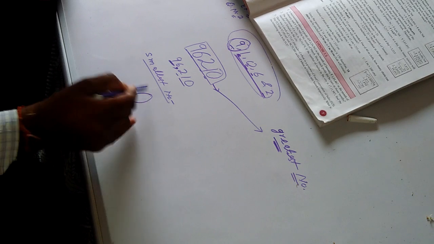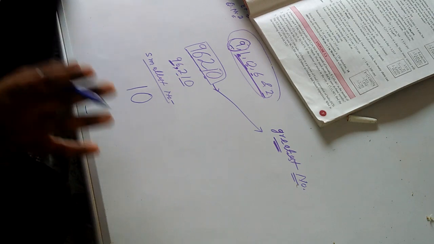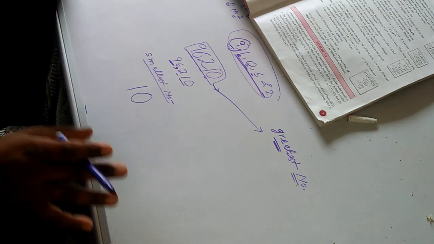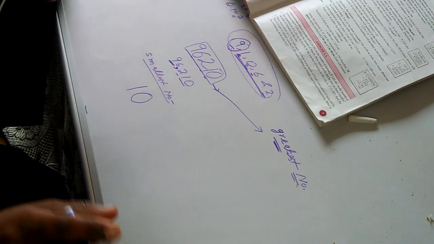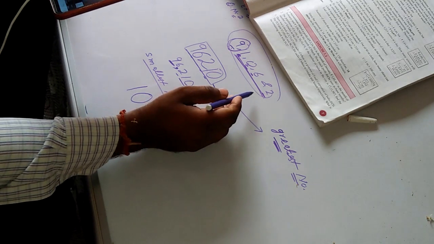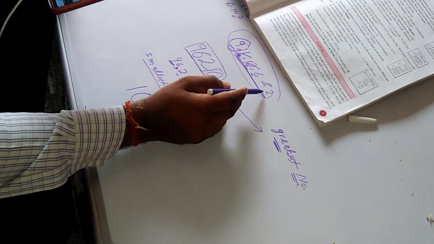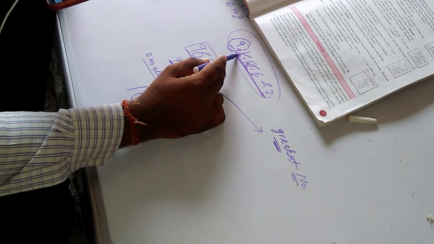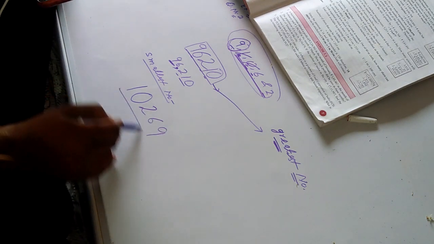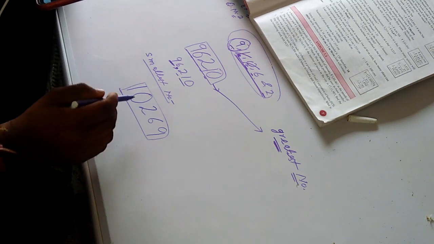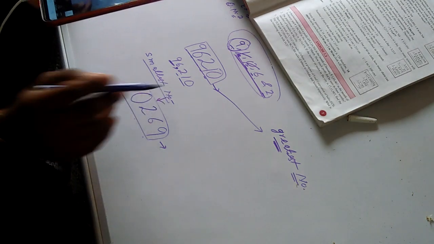Thereafter, whatever digits remain, we put in ascending order. 1 is done, 0 you have put. Now what remains? 2, 6, 9. So we put 2, 6 and then 9. This is the smallest number.